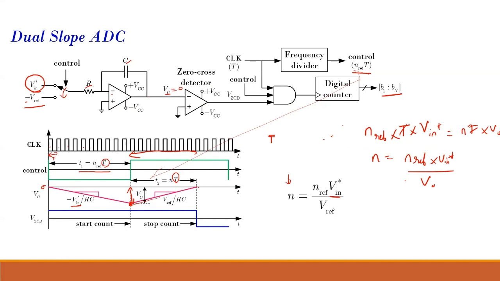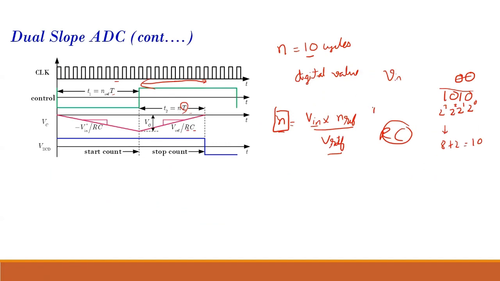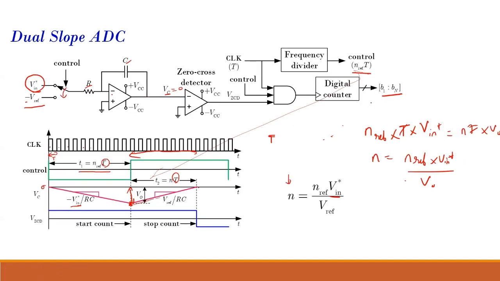It gives the digital equivalent of the input voltage as well as the number of clock cycles, because the number of clock cycles is proportional to the input voltage applied. There are certain processes further to convert the number of clock cycles to the digital value. That process is an internal part of the ADC that you don't need to be worried about.